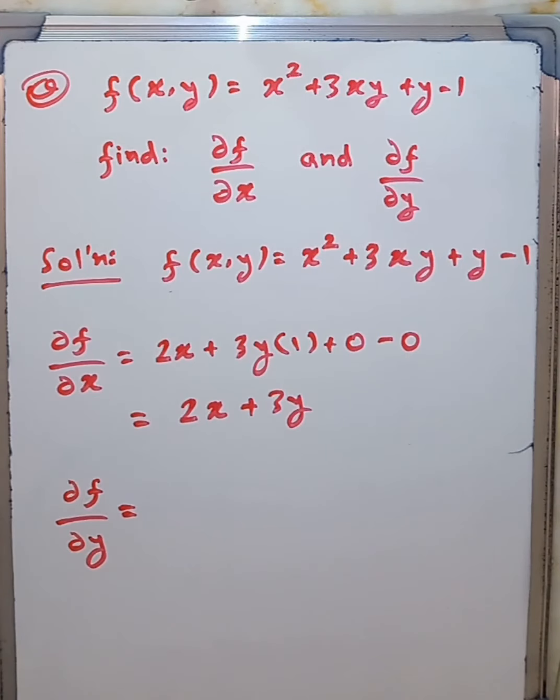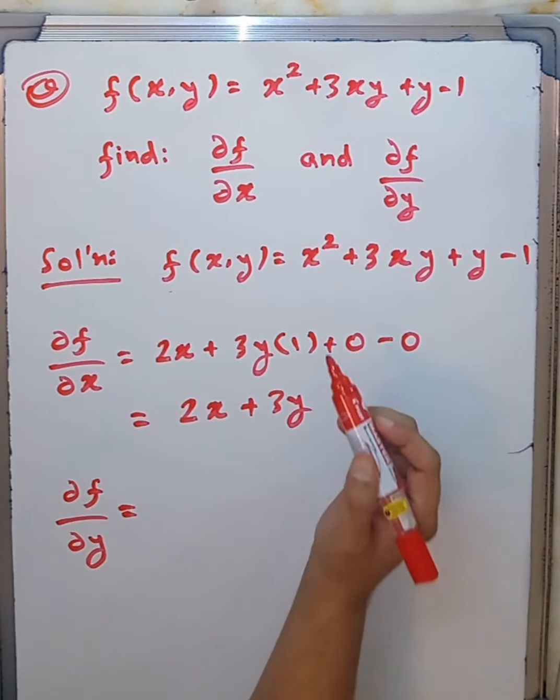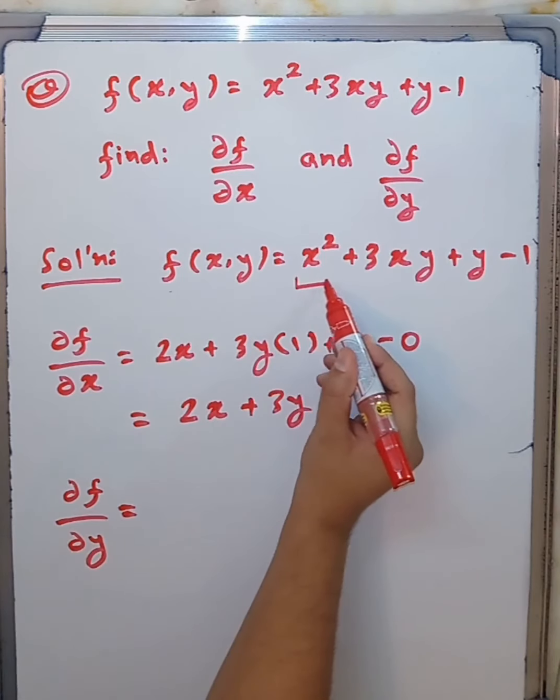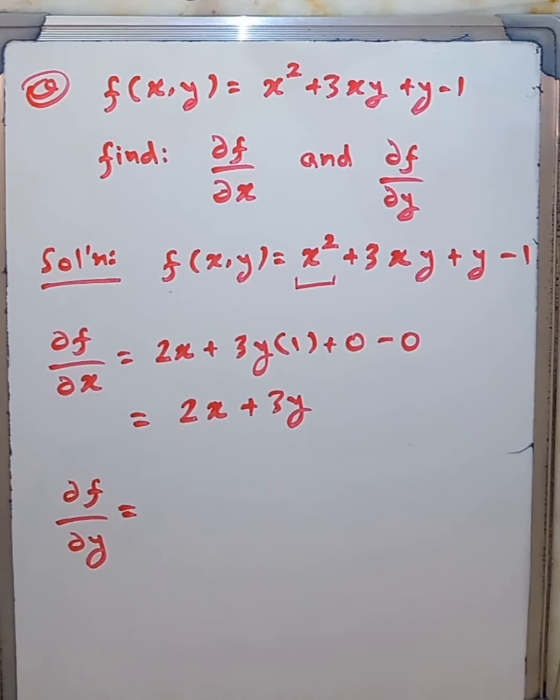So let us start differentiating with respect to y, treating x as a constant. x square will be a constant because we are differentiating partially with respect to y, and in this case x will be treated as a constant.